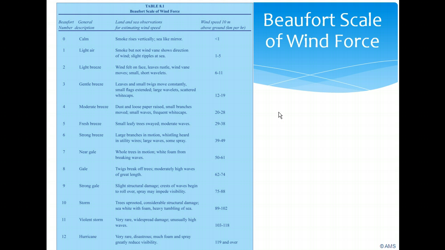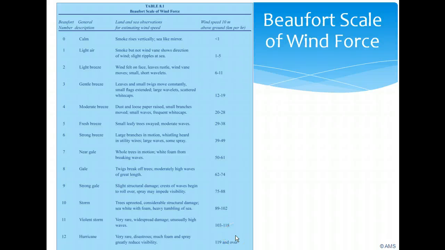This is a Beaufort scale, which is the scale that's associated with wind force, ranging anywhere from 1 to 5 knots, which is equivalent to about 3 miles an hour, upwards of 39 to 49 if we talk about a strong breeze, that's 30 miles an hour or so, all the way up to a hurricane, which is 119 knots and over, which in miles per hour is about 74 miles per hour.